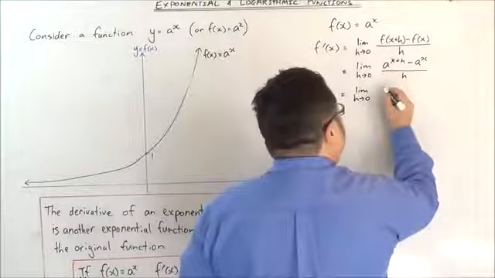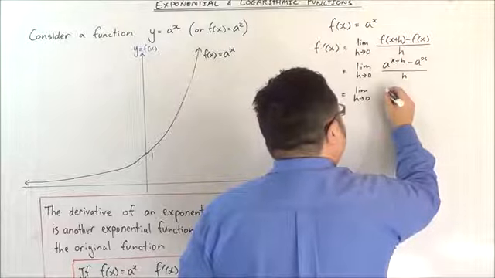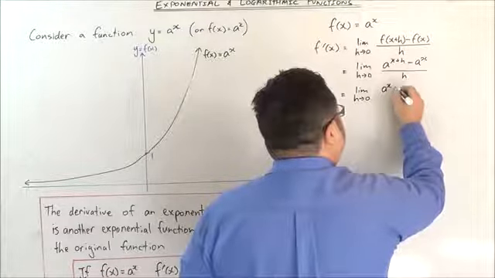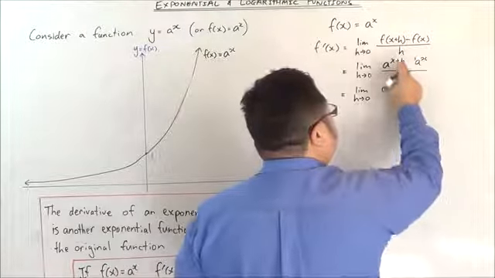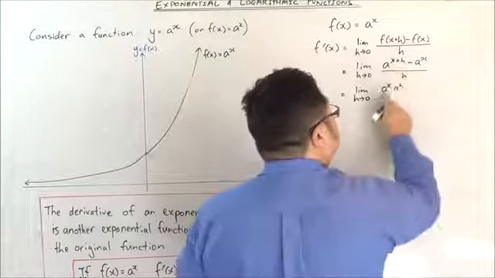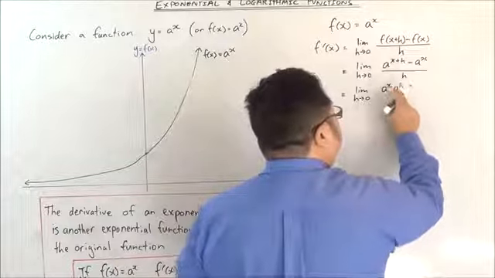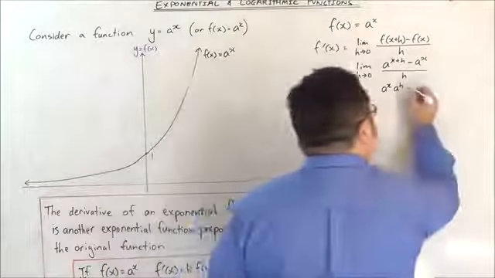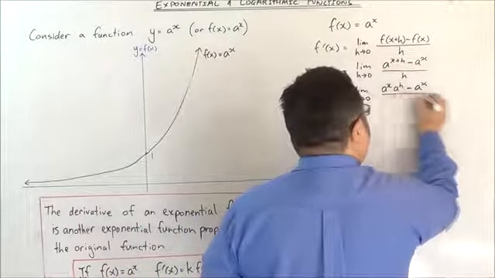A to the power of x plus h can be broken down to a to the power of x times a to the power of h, using the index laws, minus a to the power of x, over h.